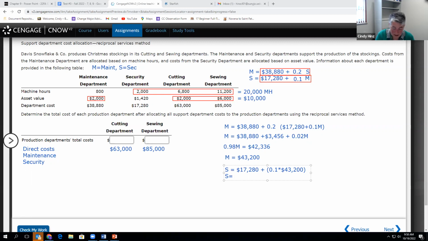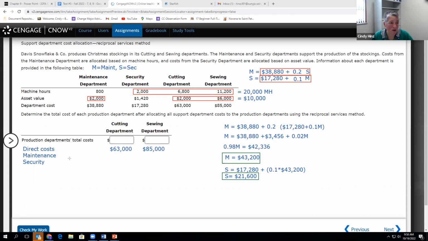Add that to the direct 17,280, and S equals 21,600. So we now have the fully allocated cost. M is 43,200 and S is 21,600. That's not our answer though.